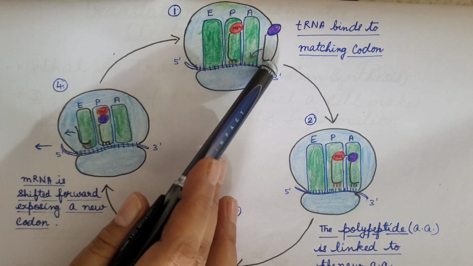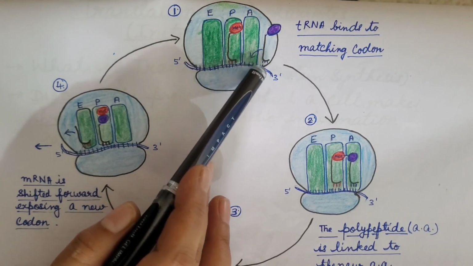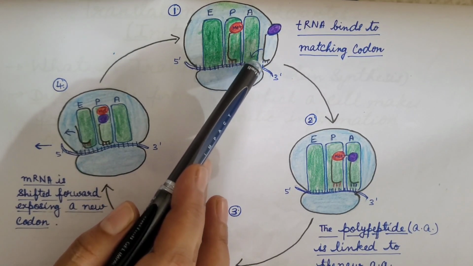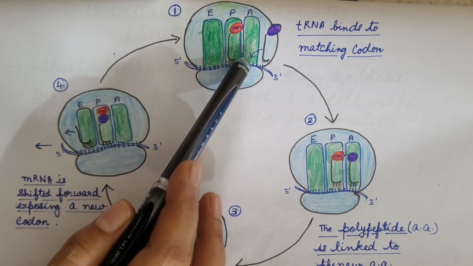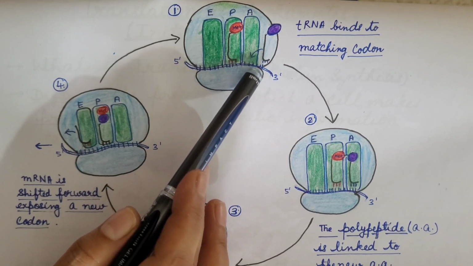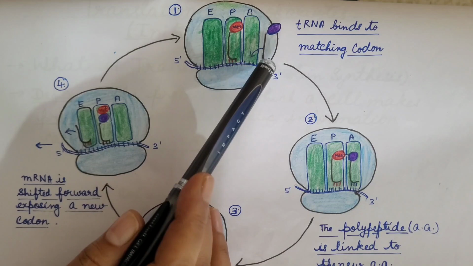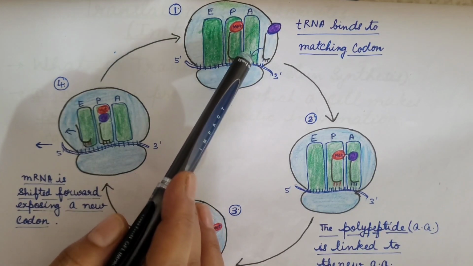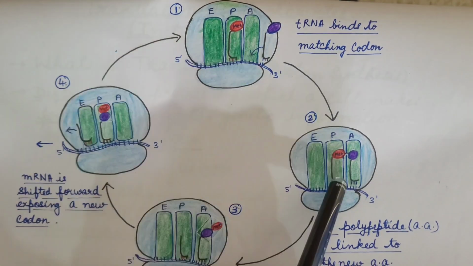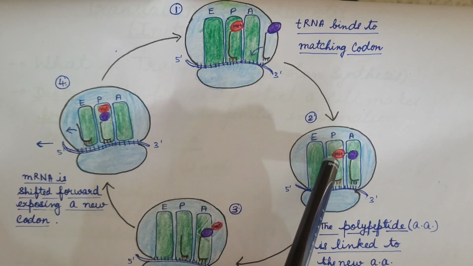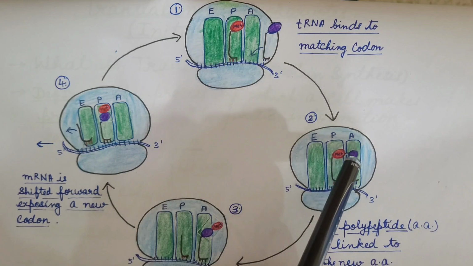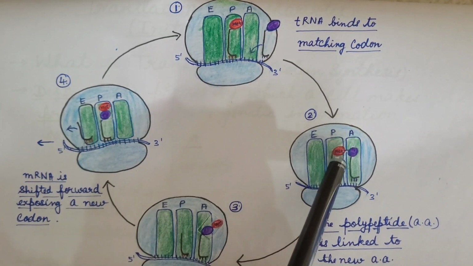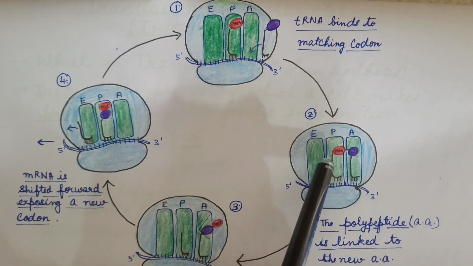Aminoacyl transfer RNA that is selected on the basis of the second messenger RNA codon in the A site enters and binds via the codon-anticodon interaction with the help of EF-Tu-GTP complex. So this entry of aminoacyl transfer RNA is mediated by EF-Tu. Now a peptide bond is formed between this N-formyl methionine and the second amino acid. And this peptide bond formation is catalyzed by the enzyme peptidyl transferase.